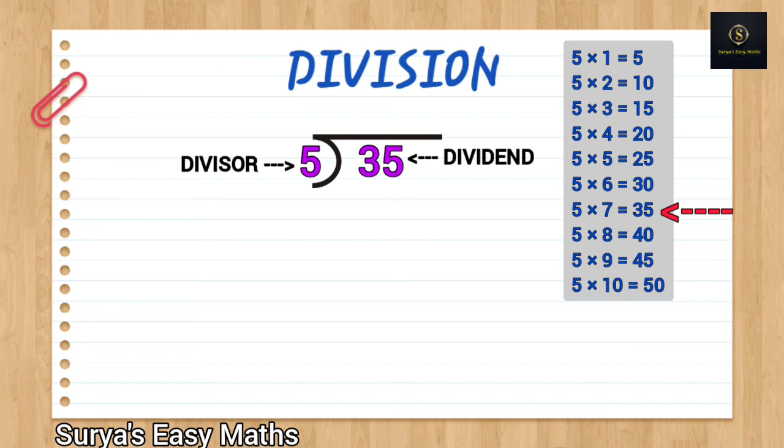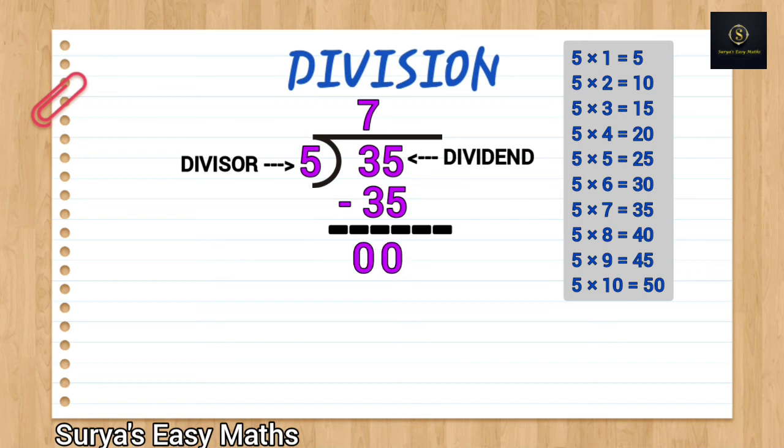So we write 7 above the line and 35 under the 35. Now let's do the subtraction. Starting from the ones place, 5 minus 5 is equal to 0 and 3 minus 3 is equal to 0. Therefore the remainder is 0 and the quotient, that is the answer of this problem, is 7.